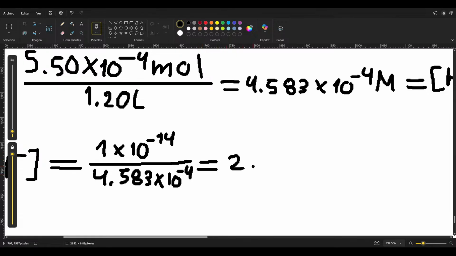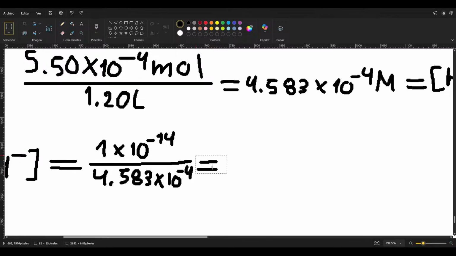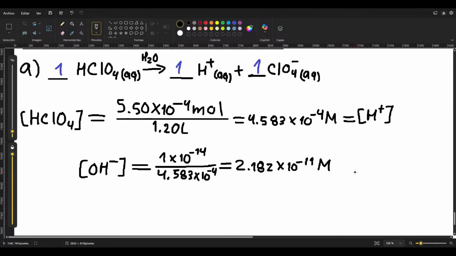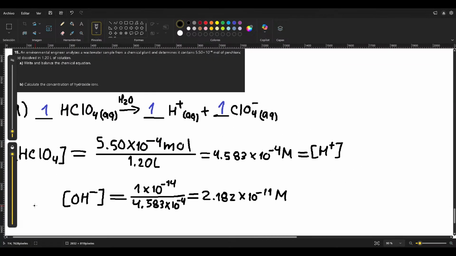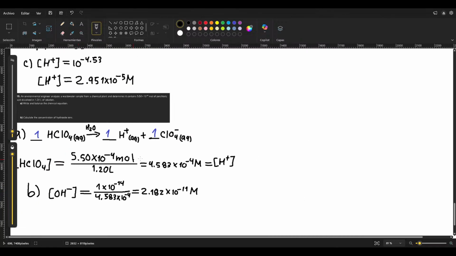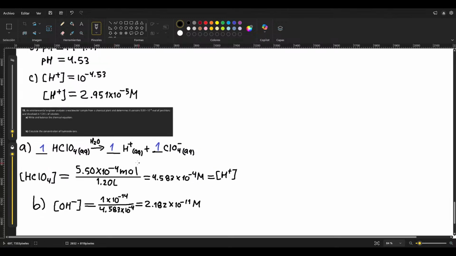And this gives us 2.182 times 10 to the negative 11 molar. And that's it. Basically that's it.